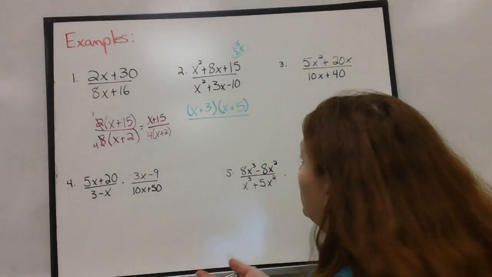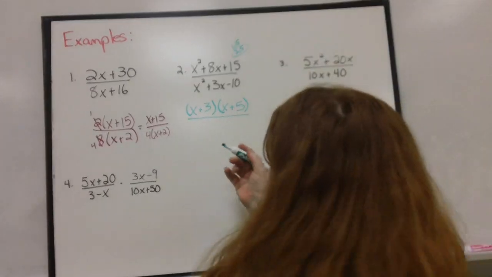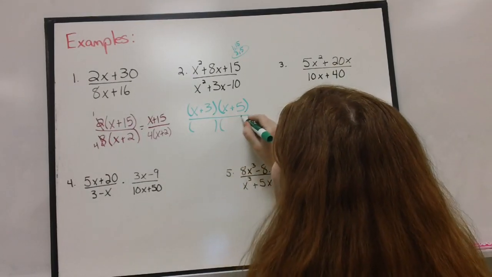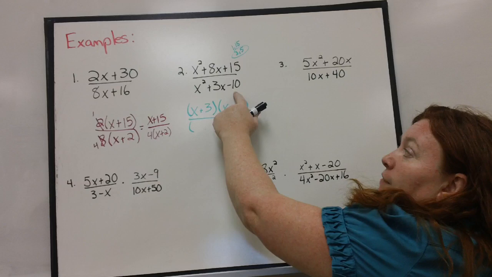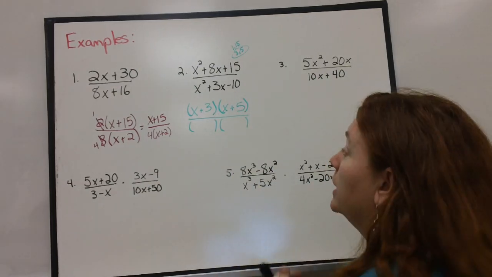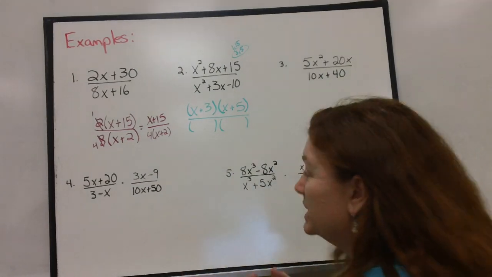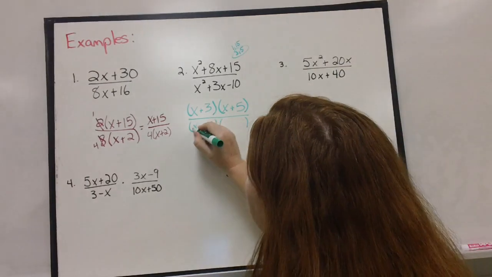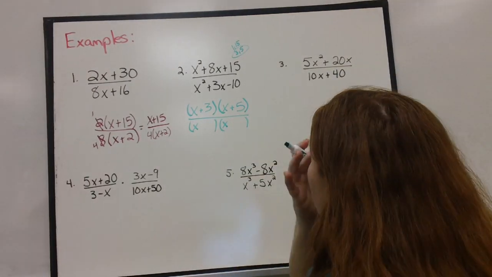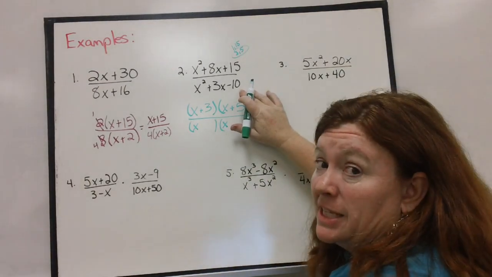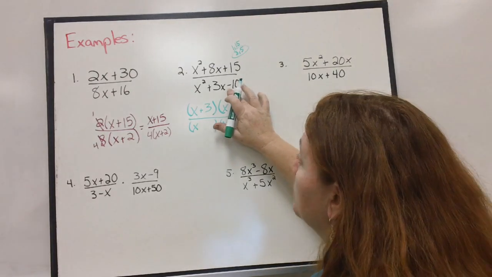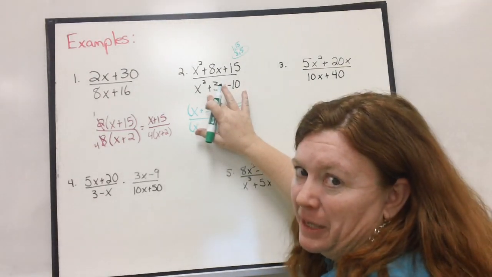Now let's look at the denominator. 2 parentheses. Again, no common factor, so I can go right to the 2 parentheses. X squared is x times x. What 2 numbers multiply to give me 10, but subtract to give me 3?